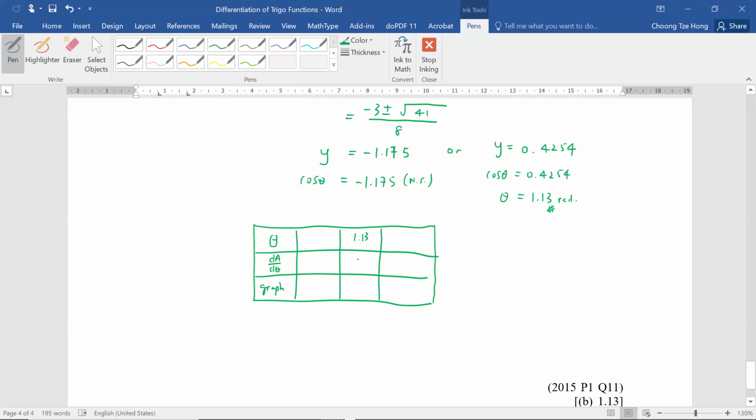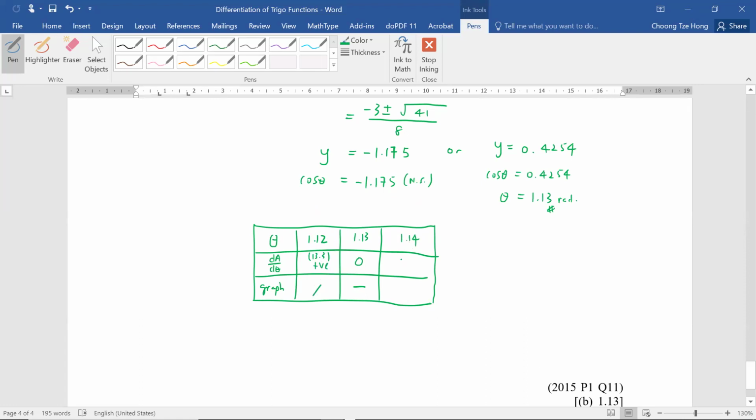At 1.13, dA d theta is 0, because it's the stationary point. I'll just test one value slightly less than 1.13 and one slightly more. You can just use the most direct values, 1.12 and 1.14. If you try 1.12, you get dA d theta to be 13.3, which is a positive value, so it goes this way.